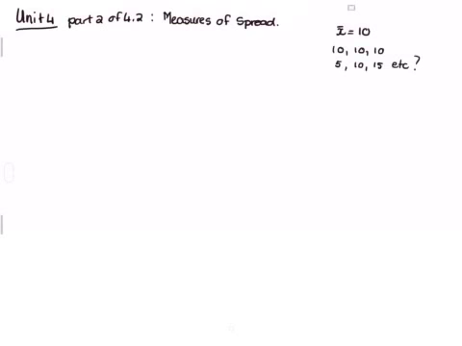We're going to do this in terms of an example. So I'm going to say test scores of 9 students. I'm going to give you, and the test was out of 50.